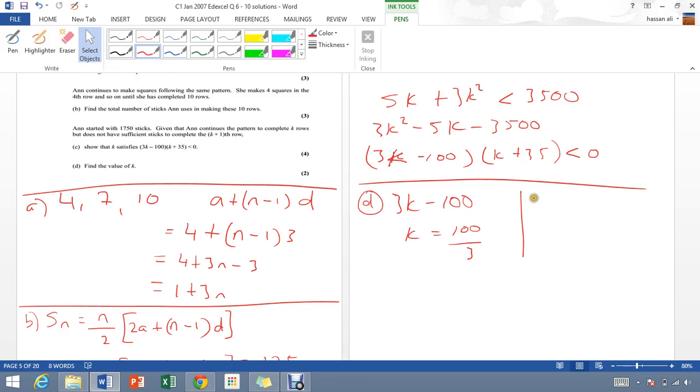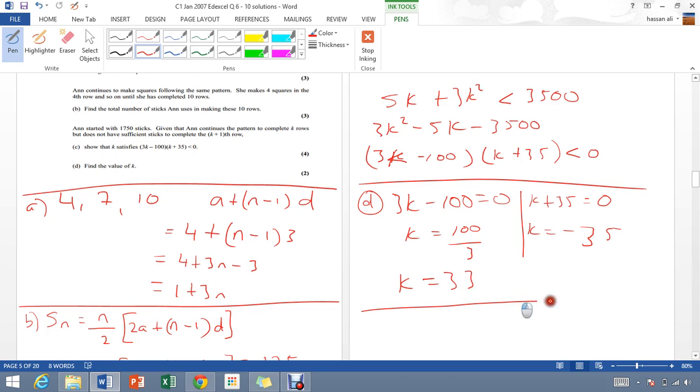Or k plus 35 equals 0, and therefore k will equal minus 35. Now we can't have minus 35 sticks, so therefore your answer will be, because 100 divided by 3 is 33.3, so we'll just say k is equal to 33. That'll be your answer there.